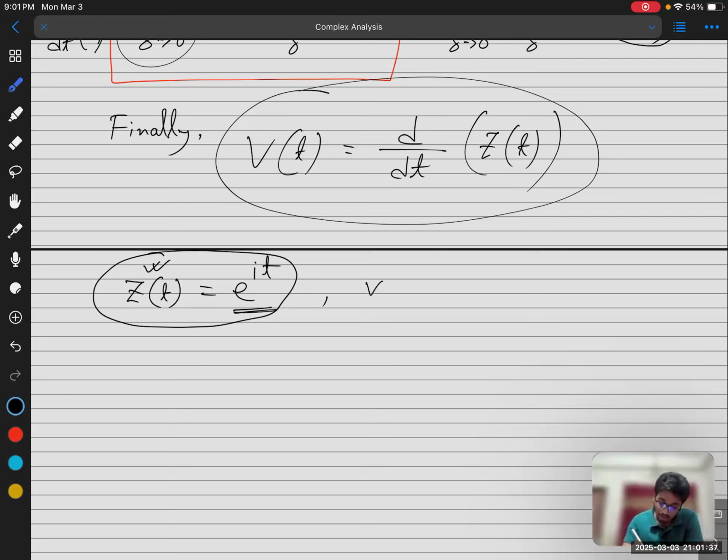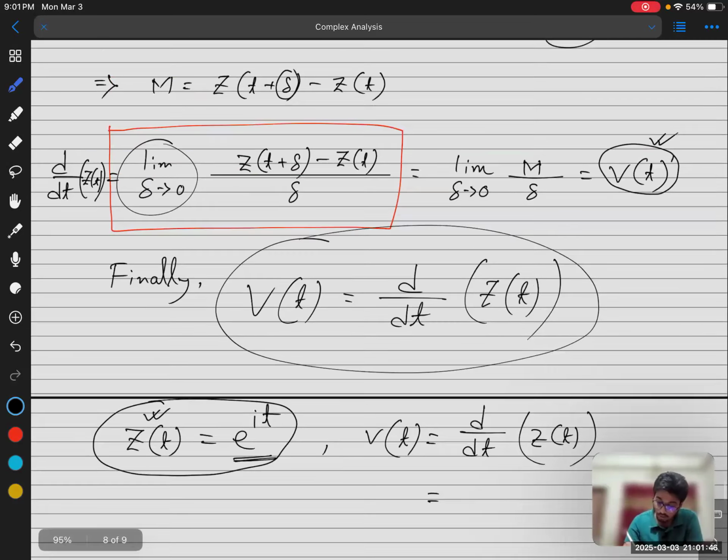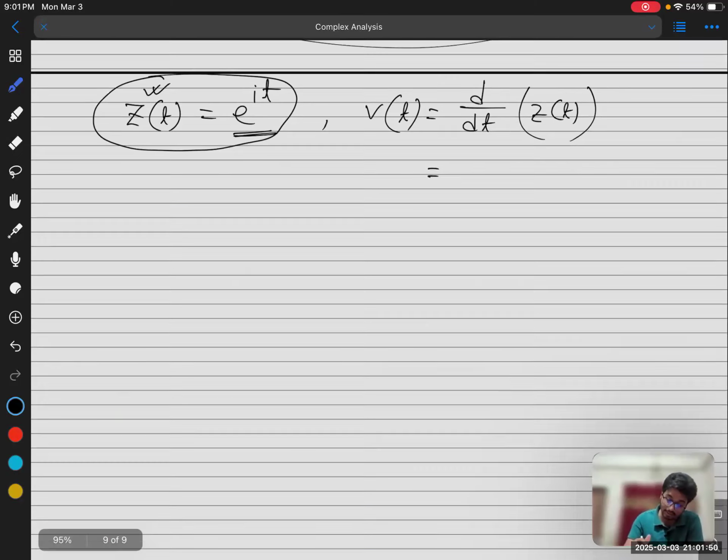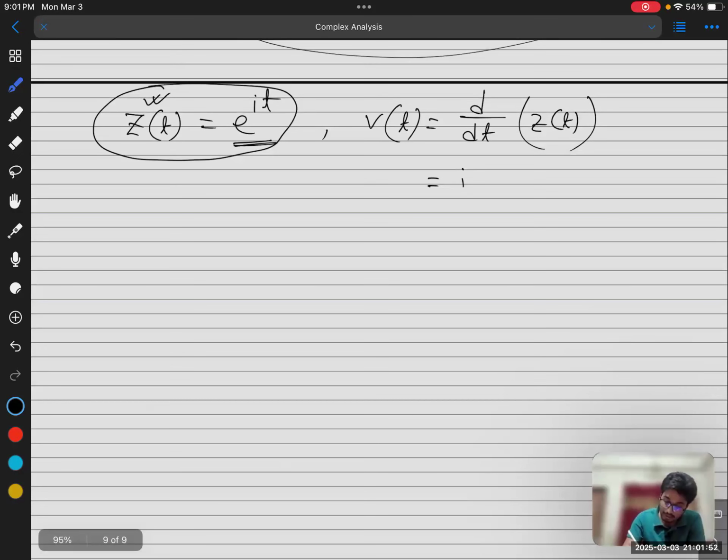Then from here, v of t will be d/dt of z(t). So from this property, we can say that this is basically i times e to the power i t. That means i times, sorry, not v of t, z of t.